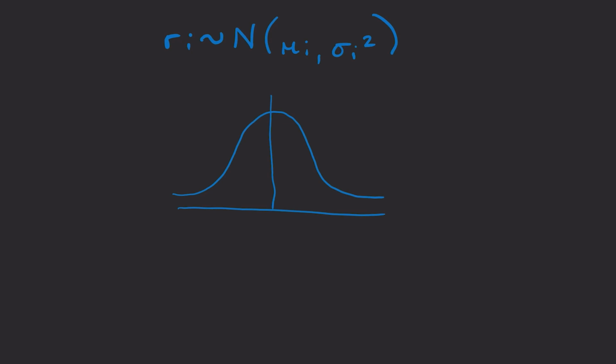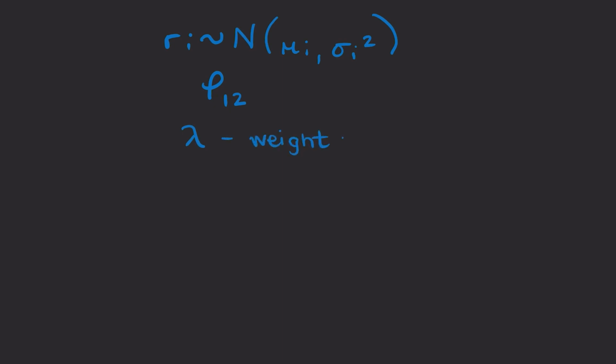Let's think about having a portfolio just consisting of two stocks. Each one is normally distributed, so each one has a mean and a standard deviation, and then they have some correlation rho 1,2. We're going to pick a parameter lambda. Lambda is going to be the weight on stock 1.